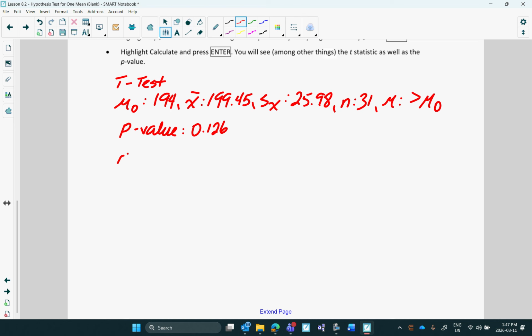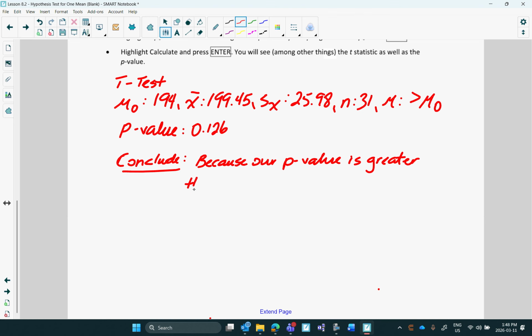So, our conclusion. What do we say? Yes, but because our p-value is greater than alpha, we fail to reject H0.